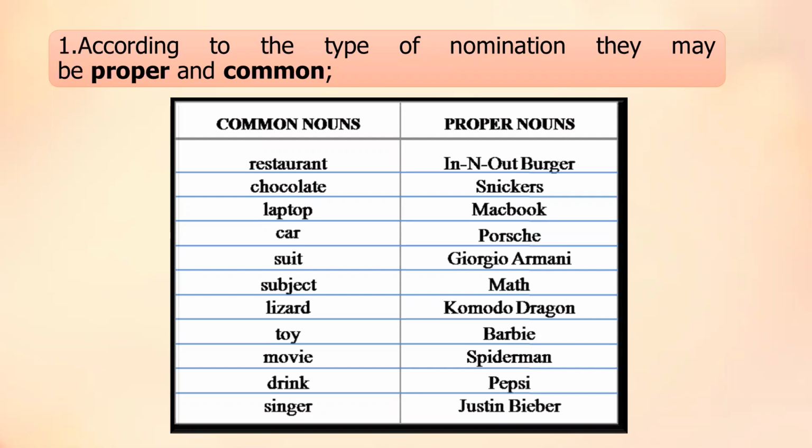In their own turn, proper nouns identify some particular individual: a person's name, or the name of places, events, or things. Proper nouns have unique reference and are usually capitalized. As you see in our table, the proper nouns are the names of persons, places, events, or things, and then the common nouns.